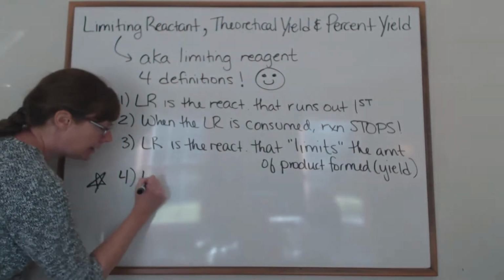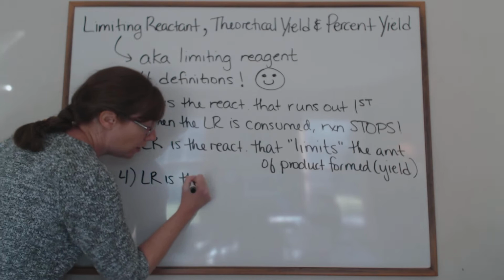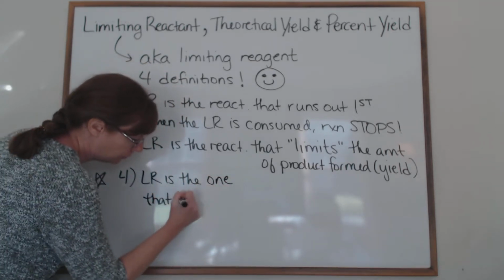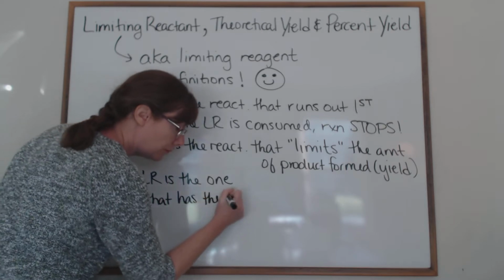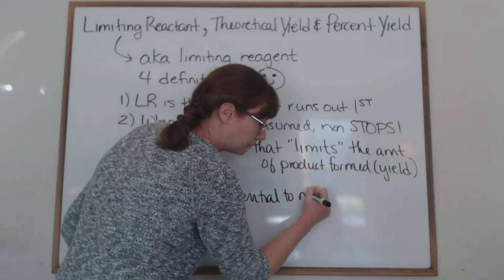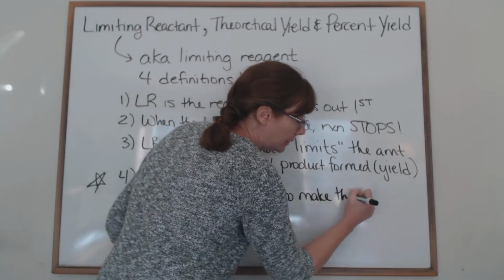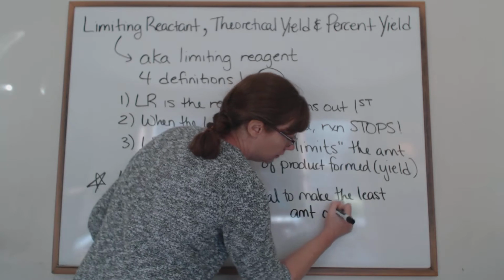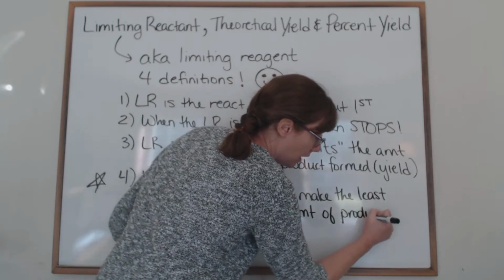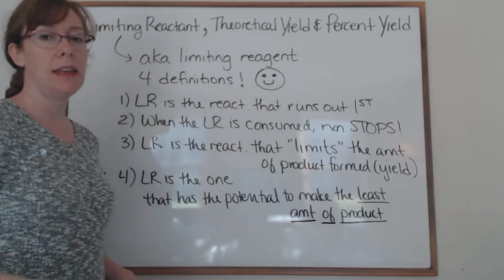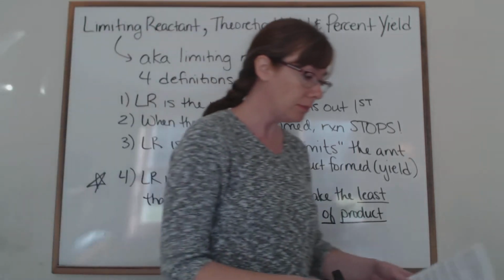The limiting reactant is the one, or the reactant, that has the potential to make the least amount of product. And just underline the least amount of product, because that's really the key statement here.